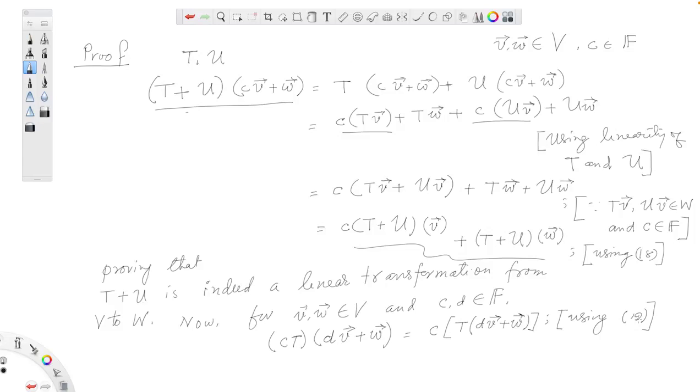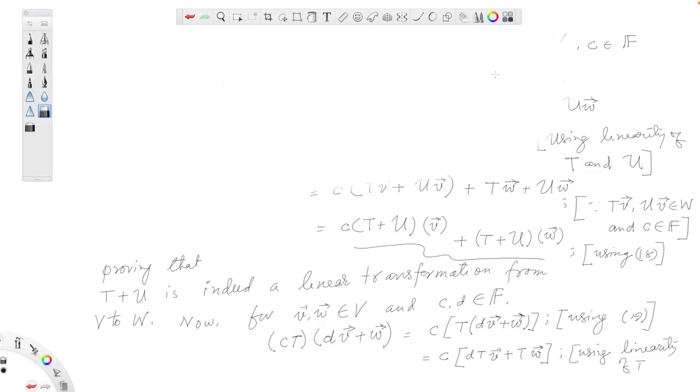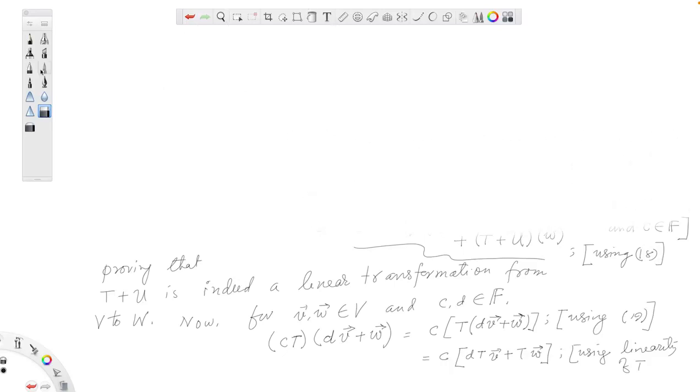And this is equal to d Tv plus Tw. This we can do using linearity of T.